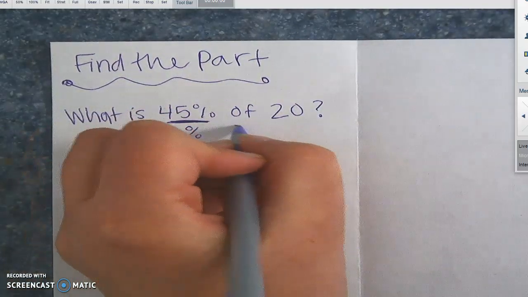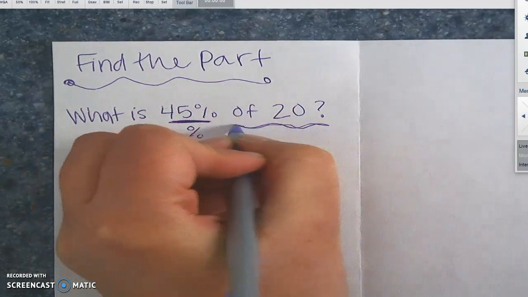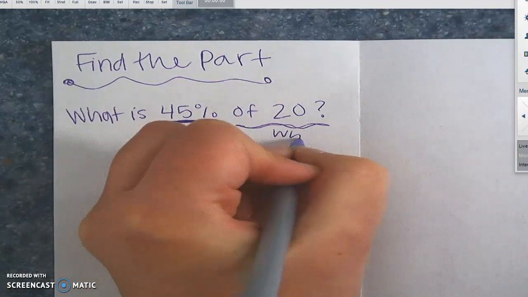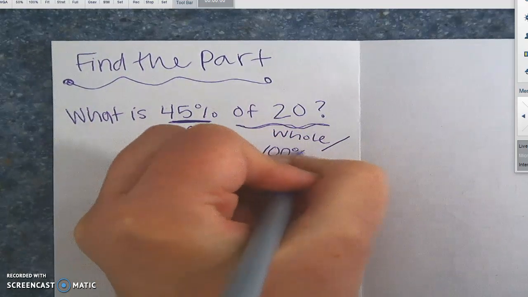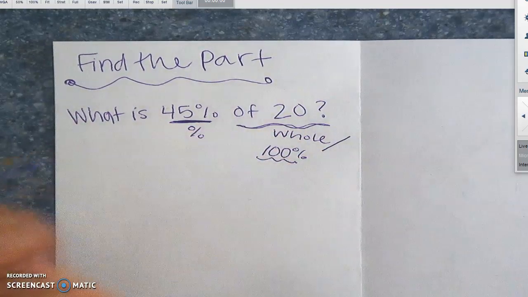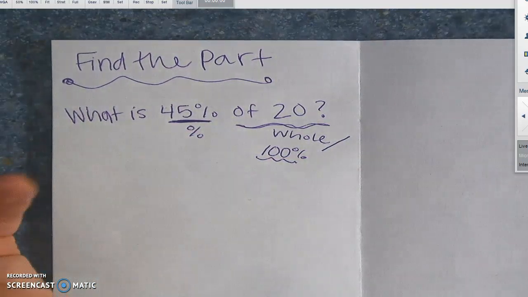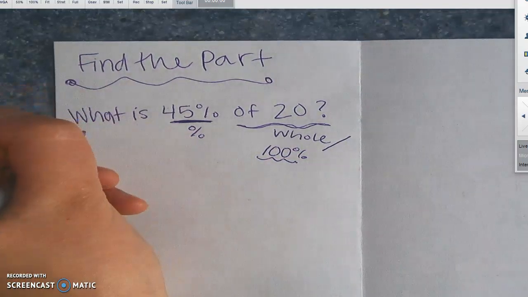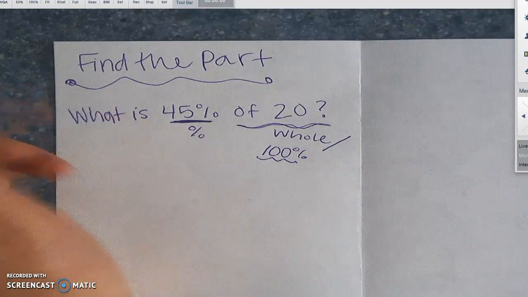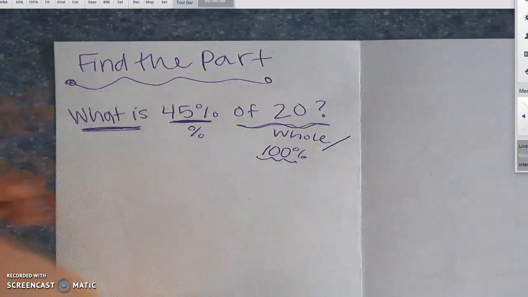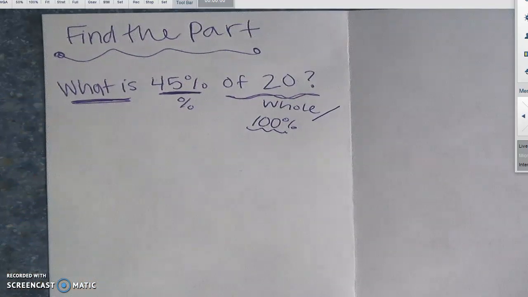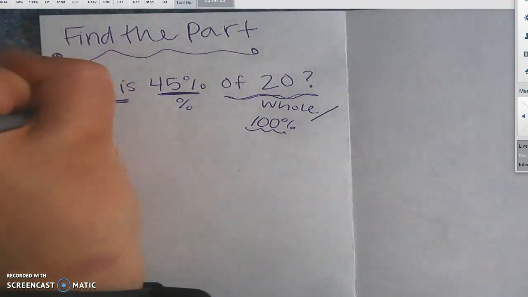So I am going to give that a squiggly underline and label that it's the whole slash 100%, because the whole is always going to be our 100%. Then the "what is", the part we're missing, is the part. We want to know what number is 45% of 20, so I'm going to give that an underline and label that it's the part.